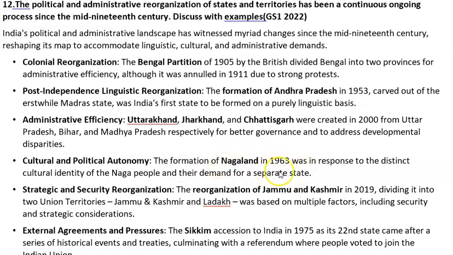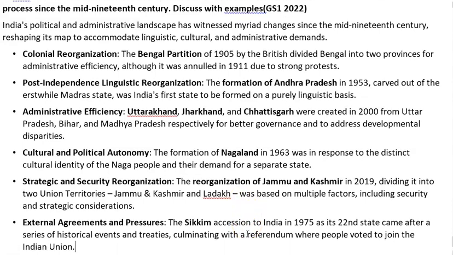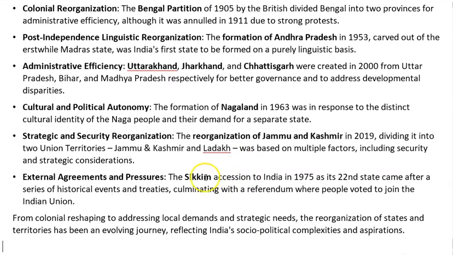While this cultural and political autonomy was a reason in the case of northeastern states, the security and strategic aspects was the reason for the formation of Jammu Kashmir states. Okay, which got divided into Jammu Kashmir and Ladakh. Okay, so apart from this security aspect, there is one state called Sikkim which got created with the external pressure created by the people of Sikkim to its rulers to be part of India. So this is one last example that you can quote.